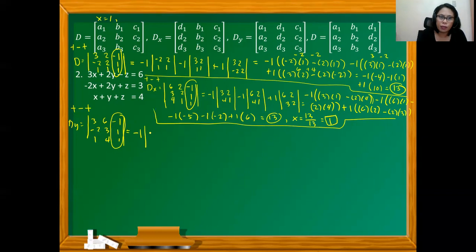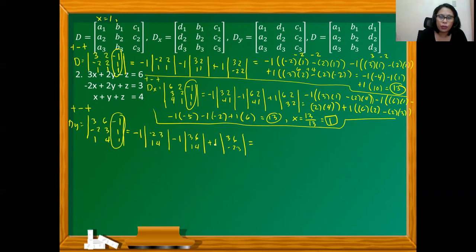So we'll eliminate the last column and the first row. There remains negative 2, 3, 1, 4. And then minus 1 times. So this second row will be eliminated and the last column. So there remains 3, 6, 1, 4. And lastly, plus the third element 1. And we will eliminate the third row and the last column. So we have 3, 6, negative 2, 3. Okay.